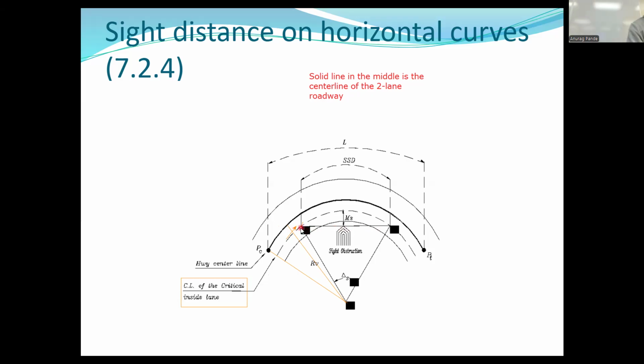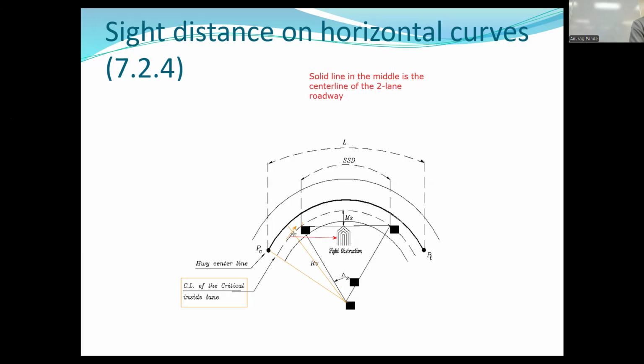What is their line of sight as they try to look around the bend? Let me draw that out. If they were here, their line of sight would be something like this, and that will get blocked by this sight obstruction.